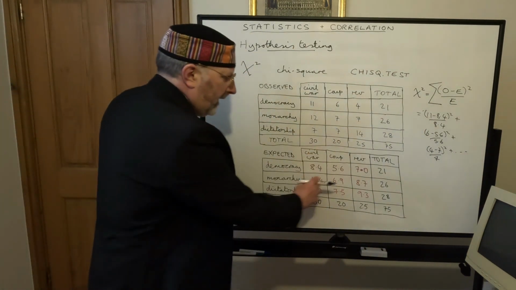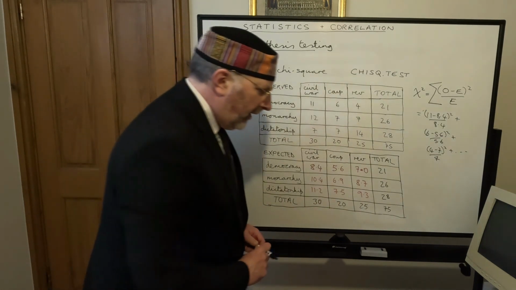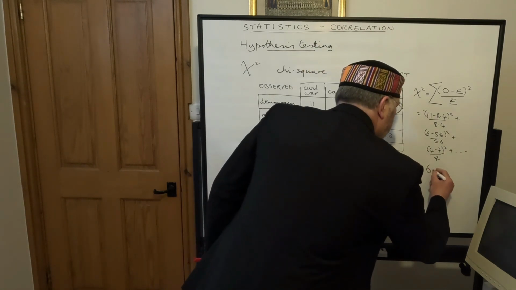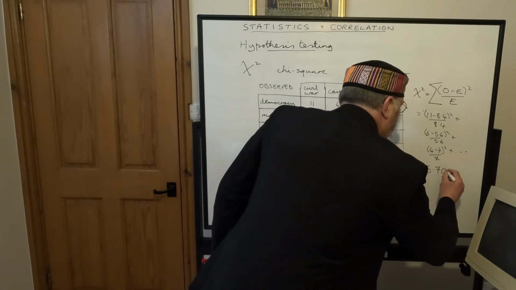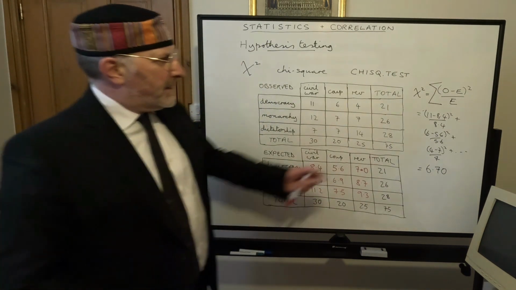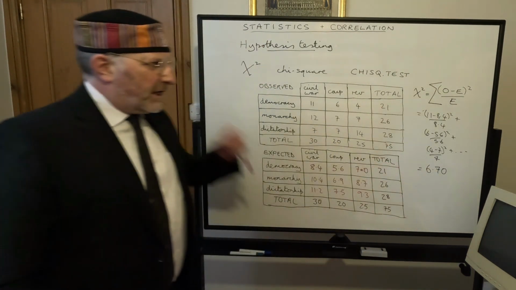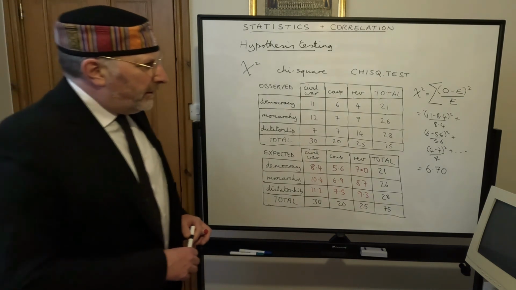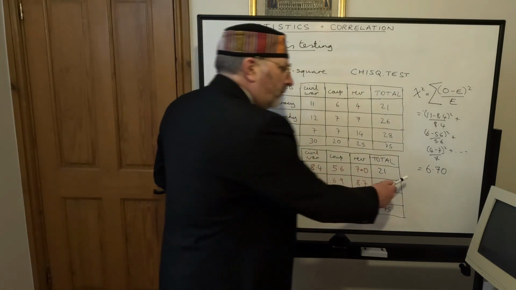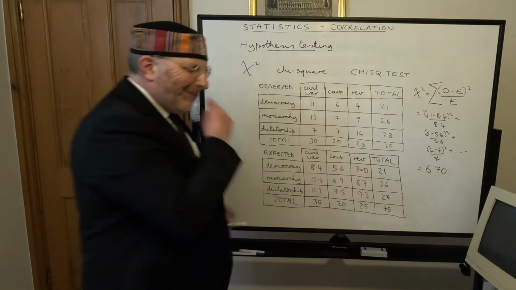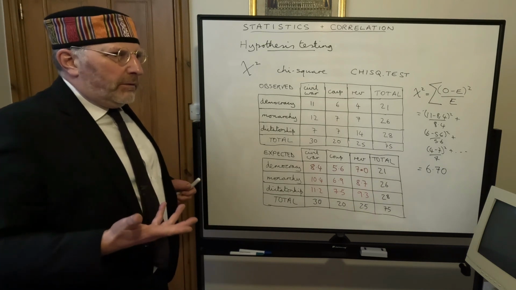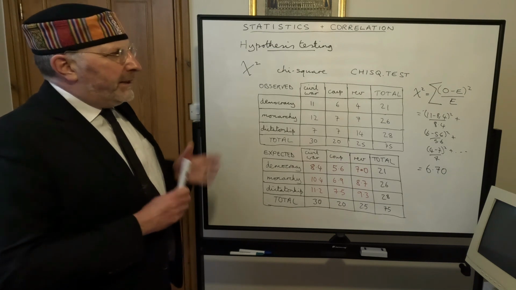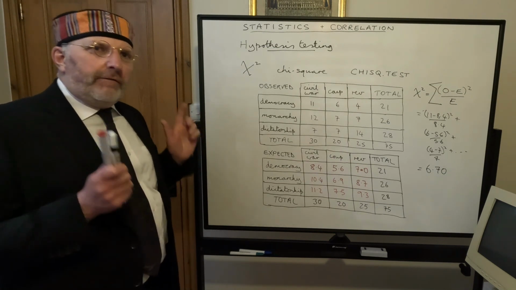So we do that for all the remaining 6 cells. And as a result of that, we get this chi-squared value. In this case, when we do all that, it adds up to 6.7. And now to work with this chi-squared statistic, to work out how it compares with what we would expect given our hypothesis, we need to take account of the degrees of freedom.